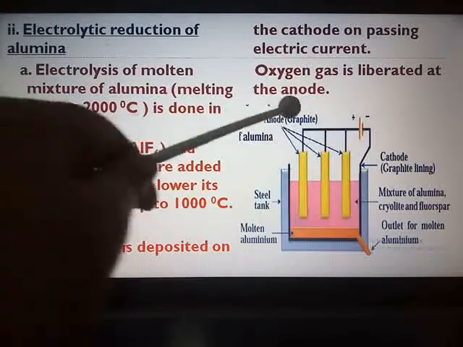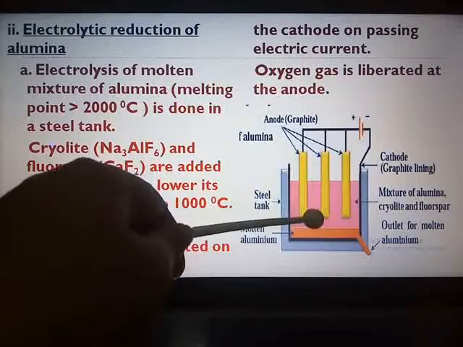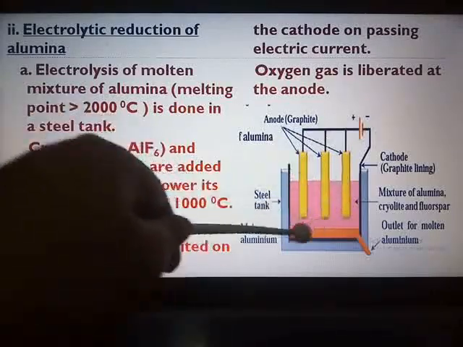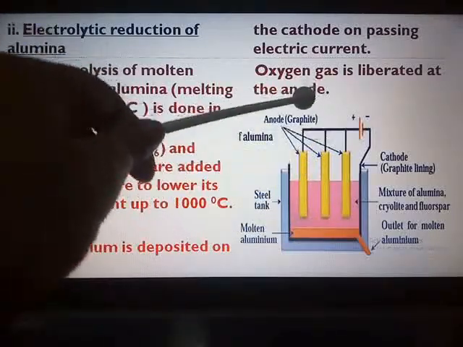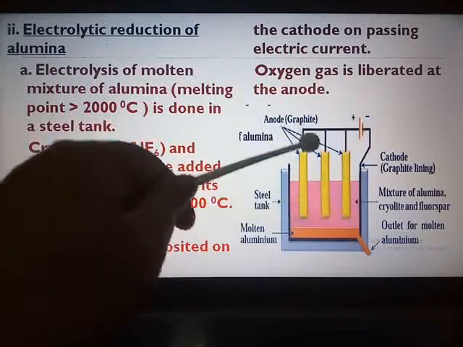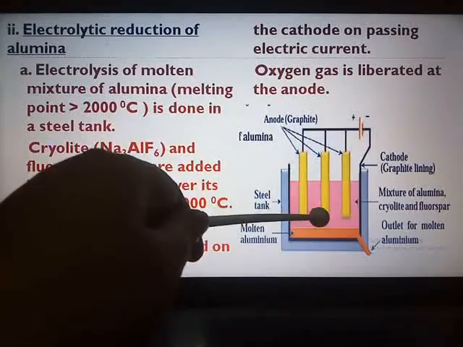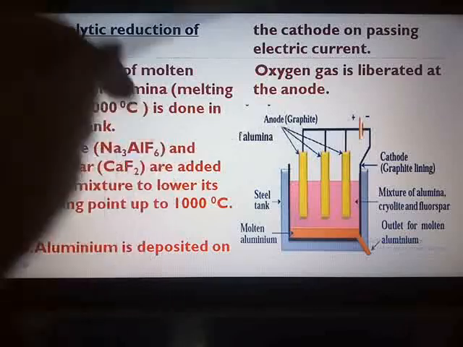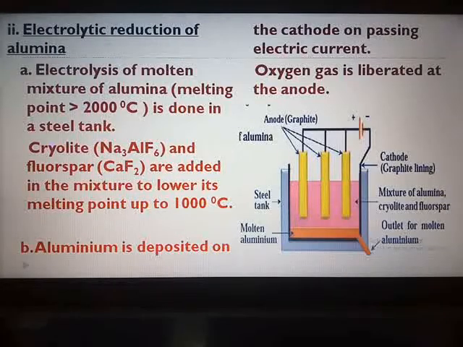A set of graphite rods which are dipped in the molten electrolyte act as anode. So these graphite rods which are introduced here are acting as the anode. So the graphite lining on the inner side of the tank is the cathode, whereas the graphite rods immersed in the electrolyte are the anode.